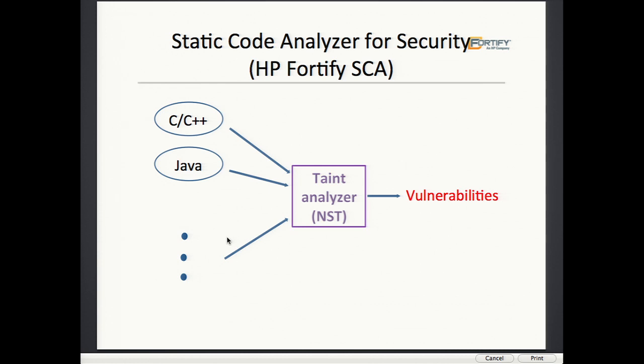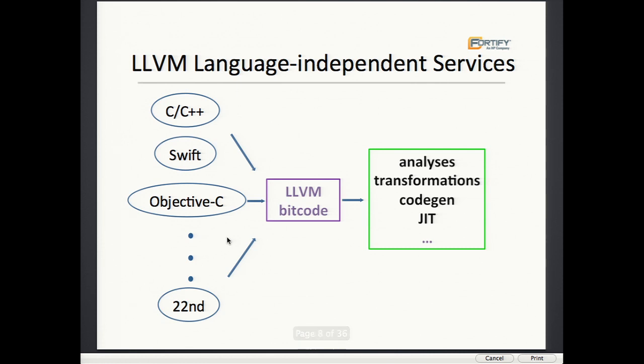I think for people here, this probably invokes a diagram that LLVM provides as language independent services. I want to emphasize that LLVM has one more component than a typical security analyzer.